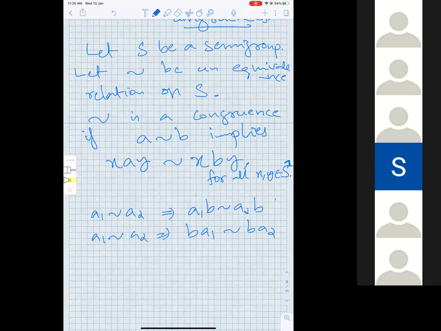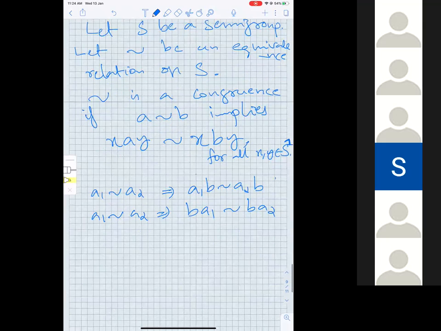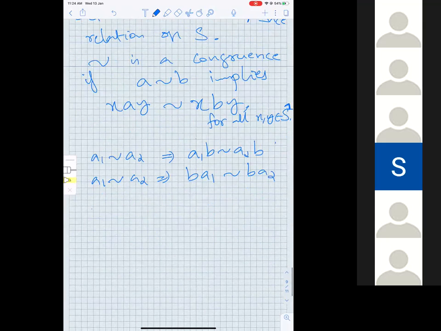And what about A1 tilde A2 and B1 tilde B2?